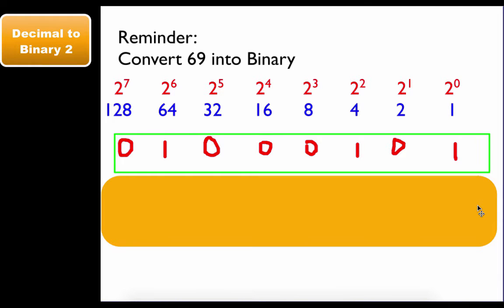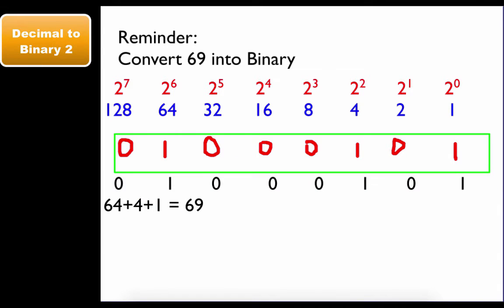So, decimal 69 into binary is 0, 1, 0, 0, 0, 1, 0, 1. 64 plus 4 plus 1 is 69.